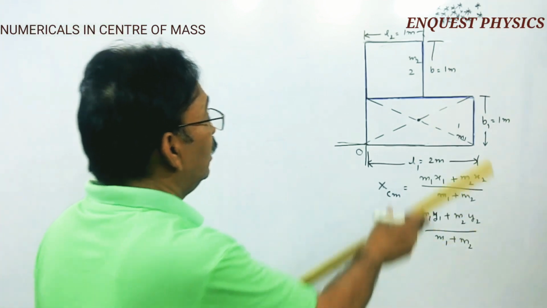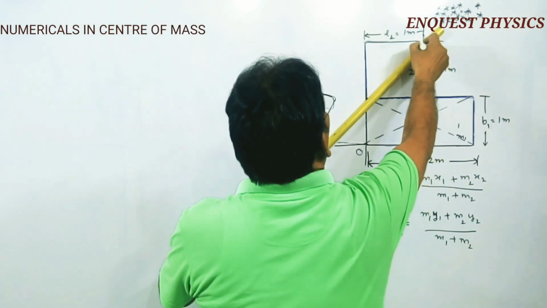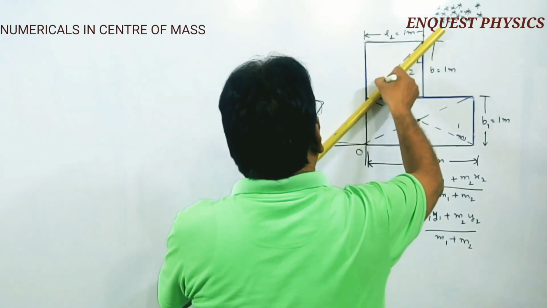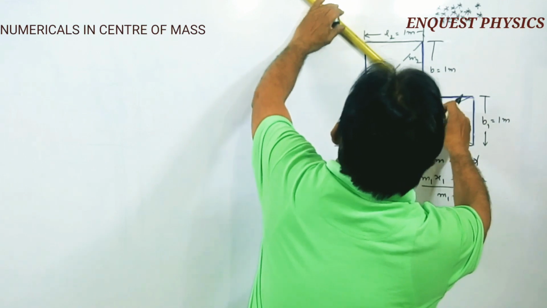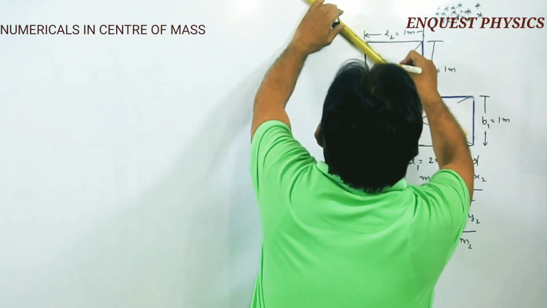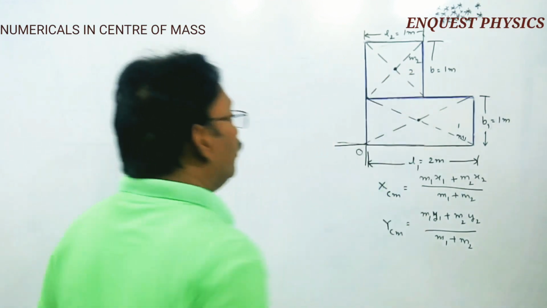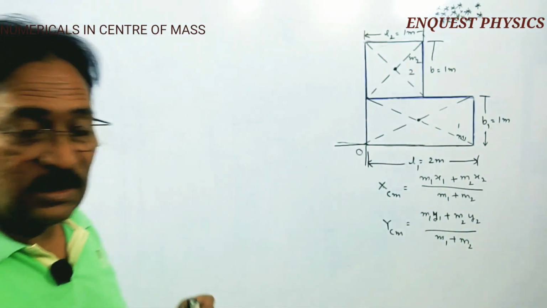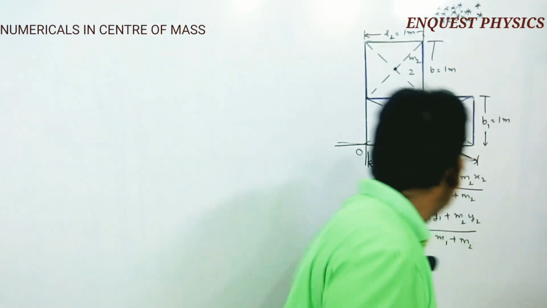In this case we have the same. Extend this, there is the diagonal, and there's one more. Okay, it is a centroid.